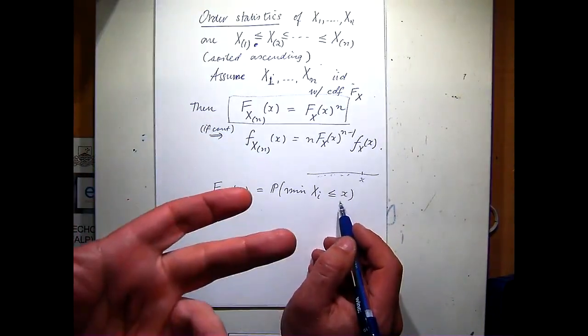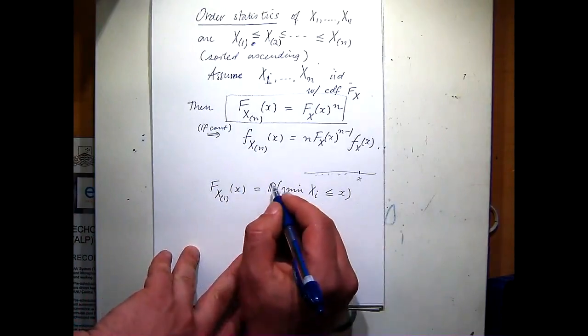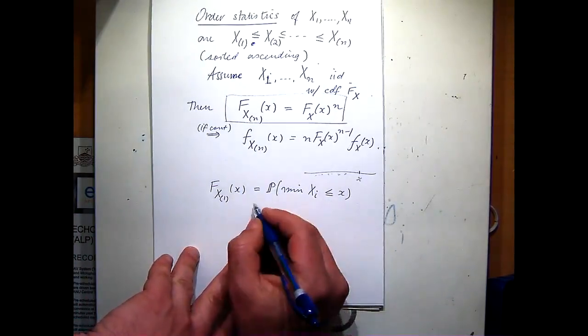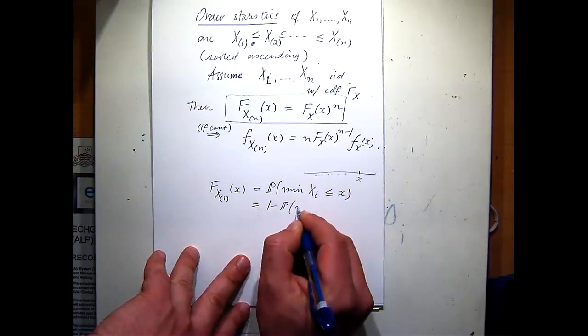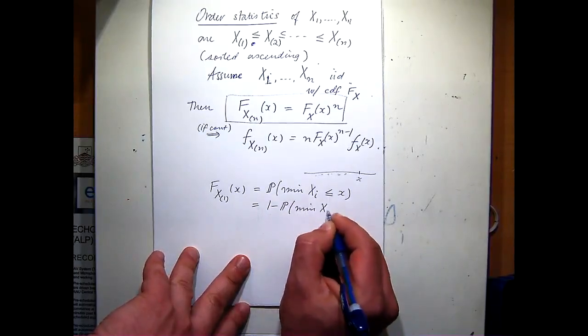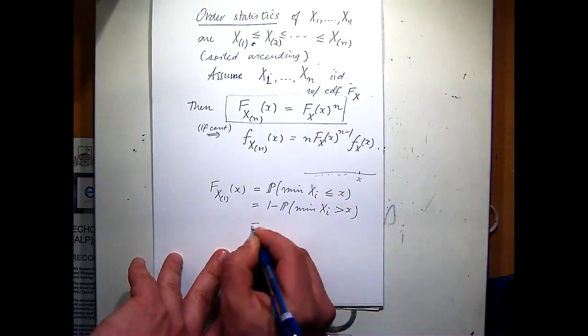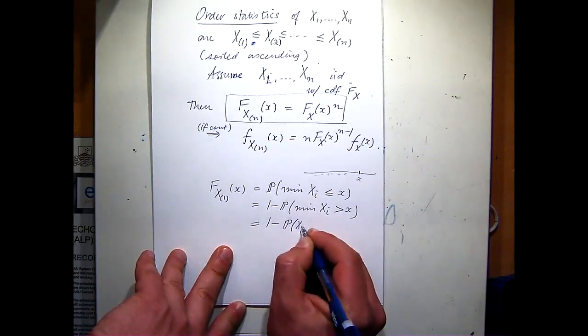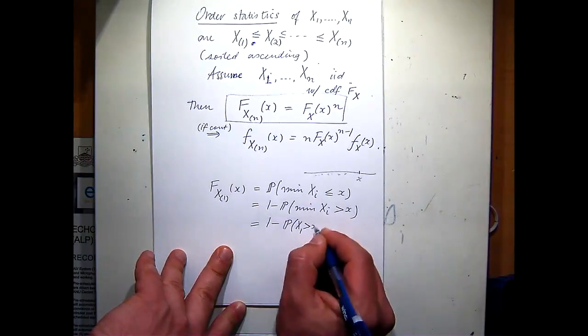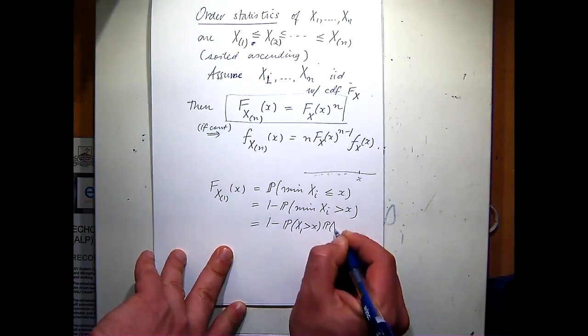And 'or' is harder to do than 'and', because for 'and' we multiply the probabilities. So I don't want to do 'or'. So that would be 1 minus the probability that the minimum of the xi's is strictly greater than x. So that is equal to 1 minus the probability that x1, because of the independence, is greater than x, times the probability x2 is greater than x.